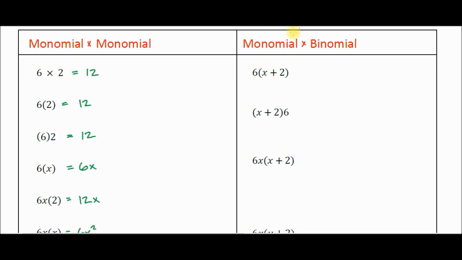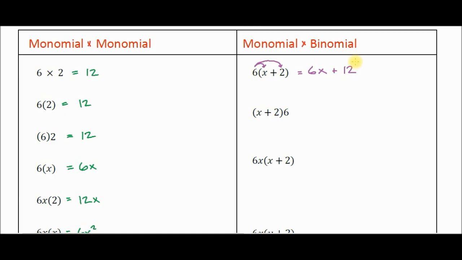And we can distribute the 6 first to the first part of that binomial, and then to the second part of that binomial. And we're going to get 6 times x is 6x, and 6 times positive 2 is positive 12.